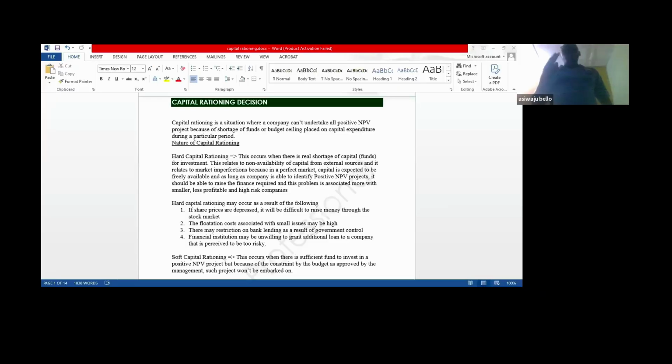We see that there are two types of capital rationing. You have hard capital rationing and soft capital rationing.